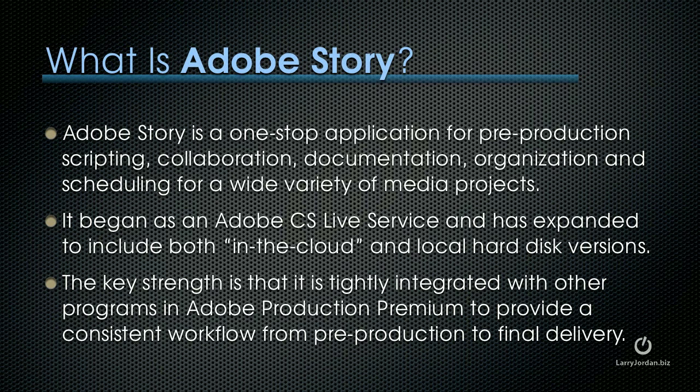Adobe Story is a one-stop application for pre-production scripting, collaboration, documentation, organization, and scheduling for a wide variety of media projects. It began as Adobe CS Live. It was a service, but it's since expanded to include both in the cloud and local hard disk versions. The key strength of Story is that it is tightly integrated with other programs in the Adobe Production Premium suite to provide a workflow from pre-production through final delivery.